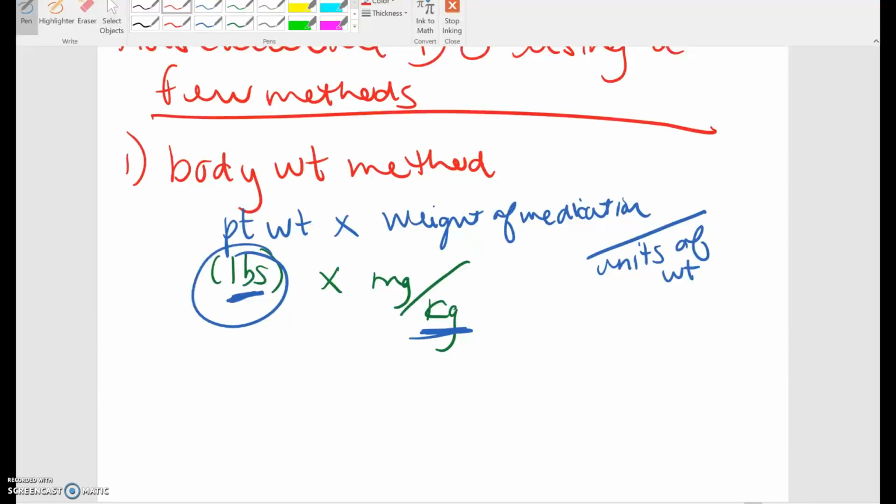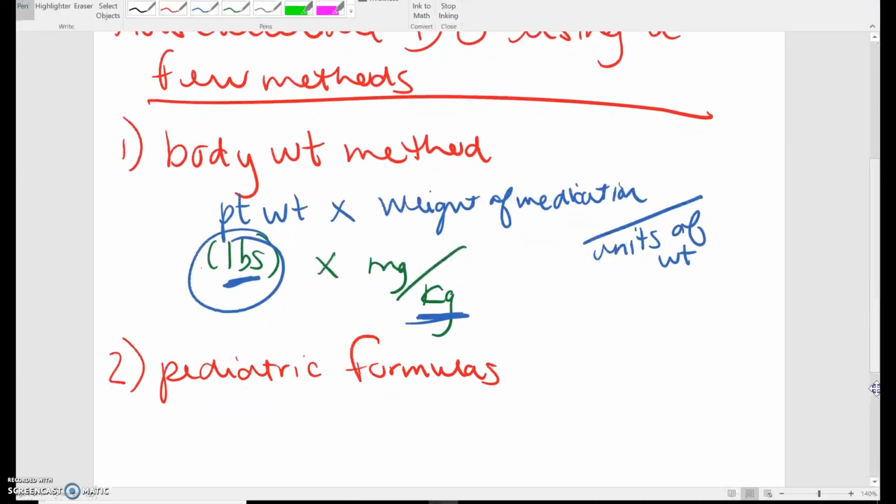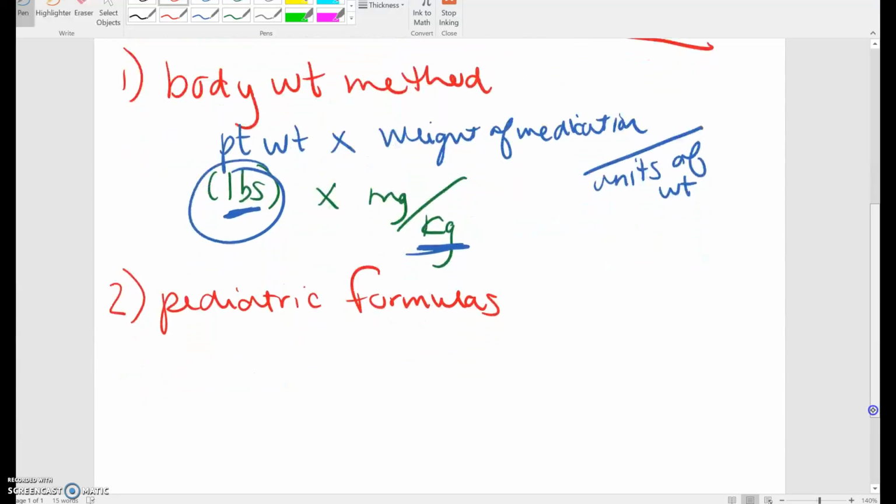The second method you have been using is the pediatric formulas. There are 3 of them that you've learned thus far.